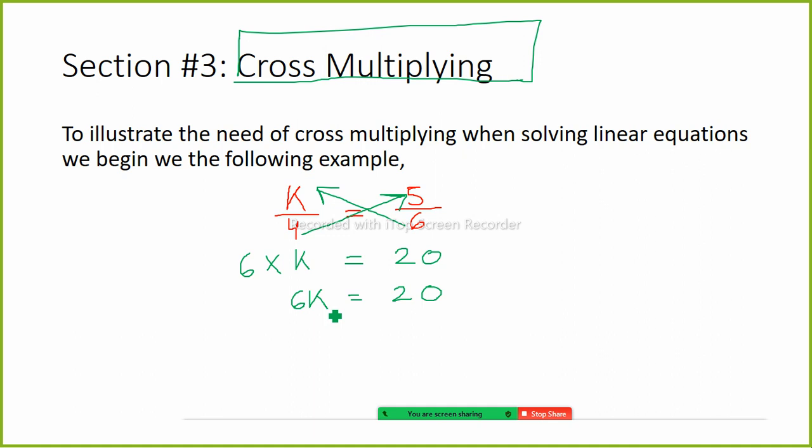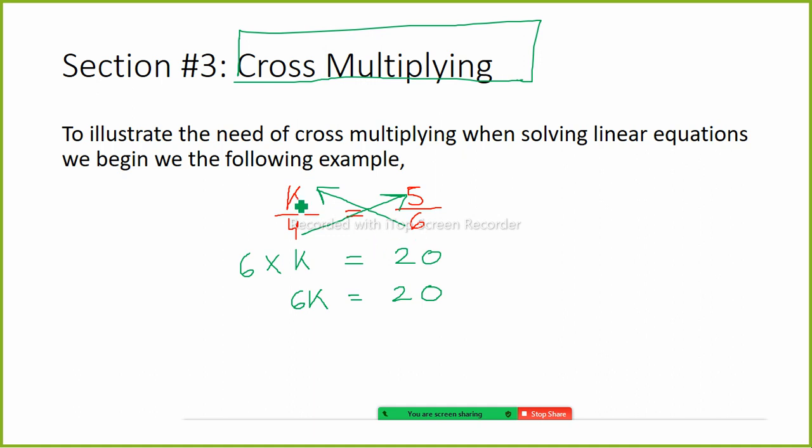All right. So now k represents a number. So once you figure it out, you could kind of see already what k is. So what times 6 gives me 20? 5? No, not 5. Definitely not 5.